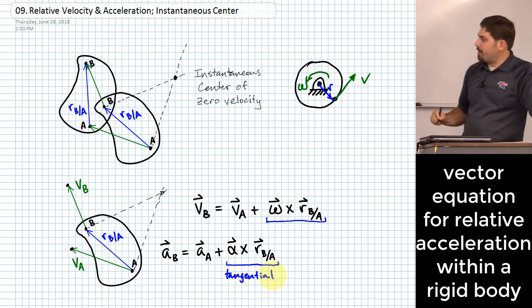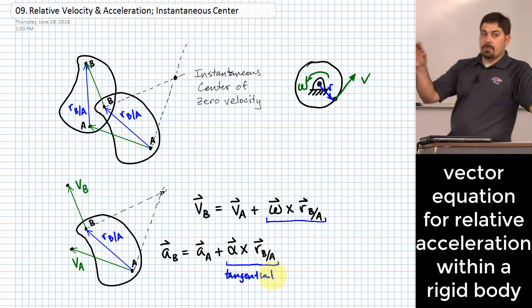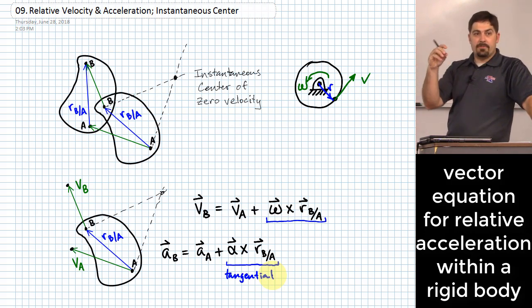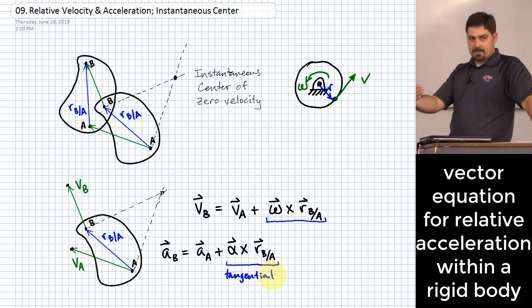But what we know about acceleration is that when we're not dealing with straight paths, we don't have just a tangential component of acceleration, we also have a normal component, or sometimes we refer to that as a centripetal component of acceleration.